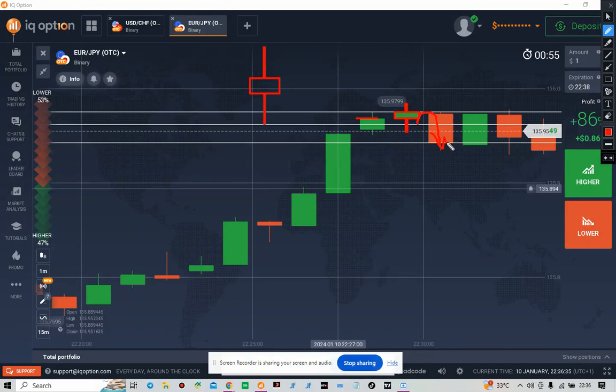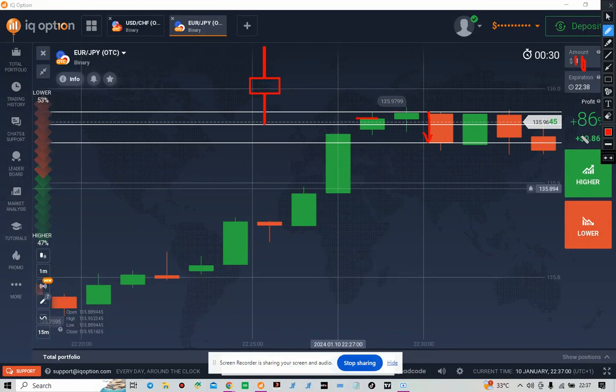You can see the buyers entered again, but instead sellers pushed the price down. Okay, and see the market is trying to go more down. If I want to take a trade here, I'll wait for a price action to occur. Then I will execute the trade for 1 minute. Okay. If I'm having a $10 account, I just open a trade of $10.